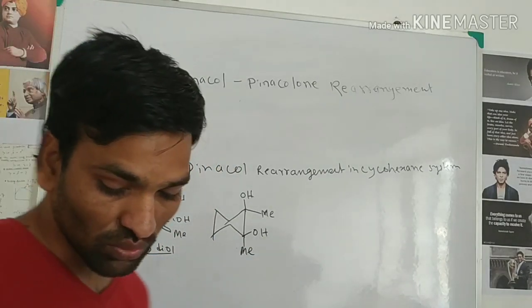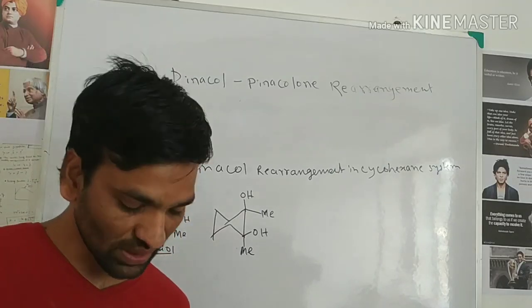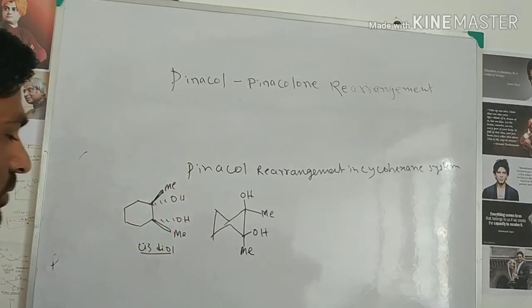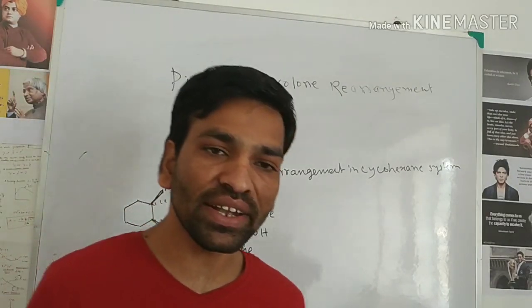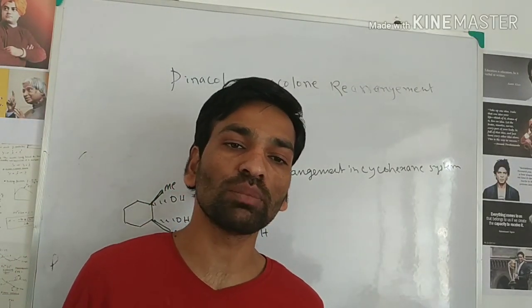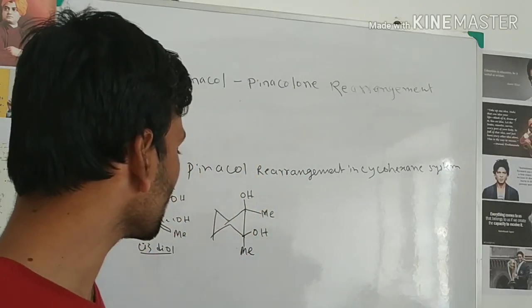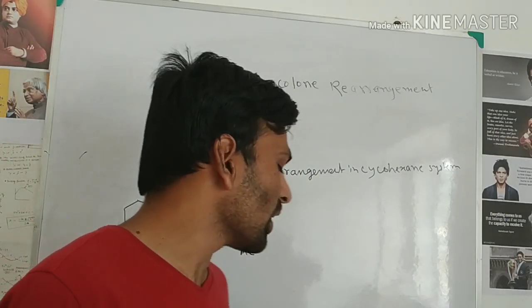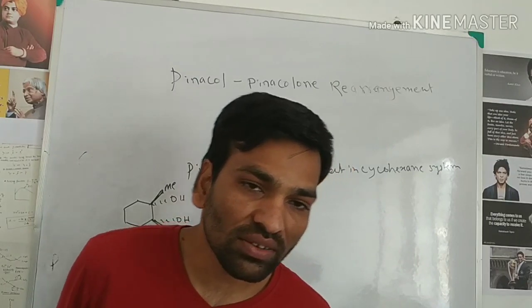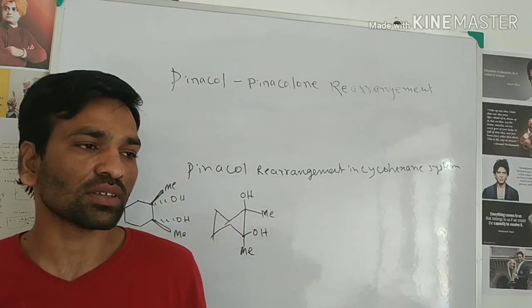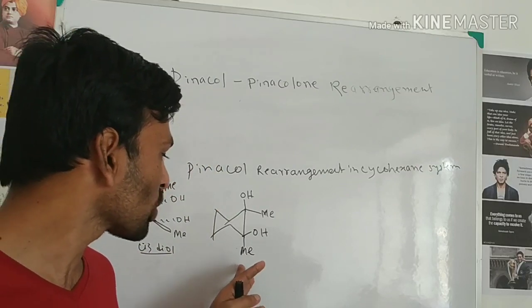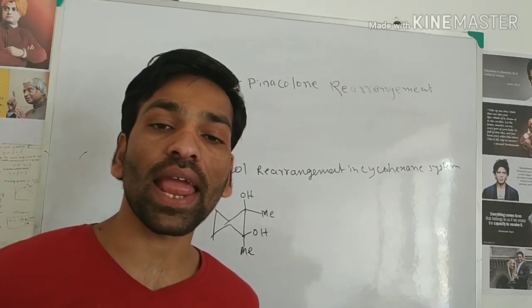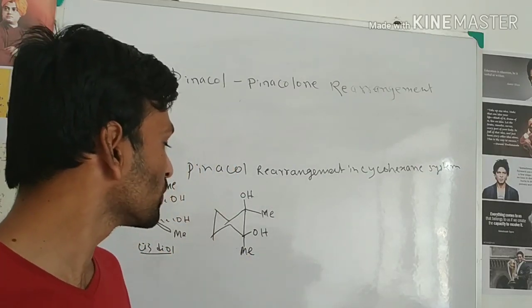Here, one thing to really remember is that the leaving group will leave and the anti group of the leaving group will migrate. The requirement of the reaction is that the migrating group is coplanar and anti to the leaving group.